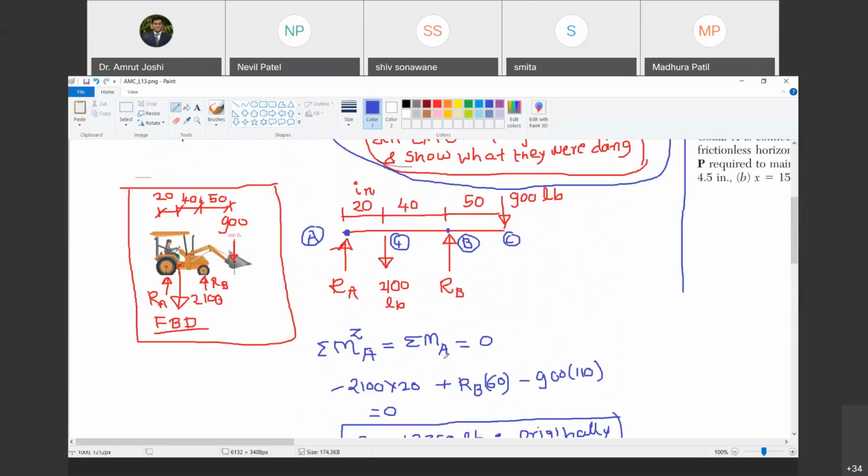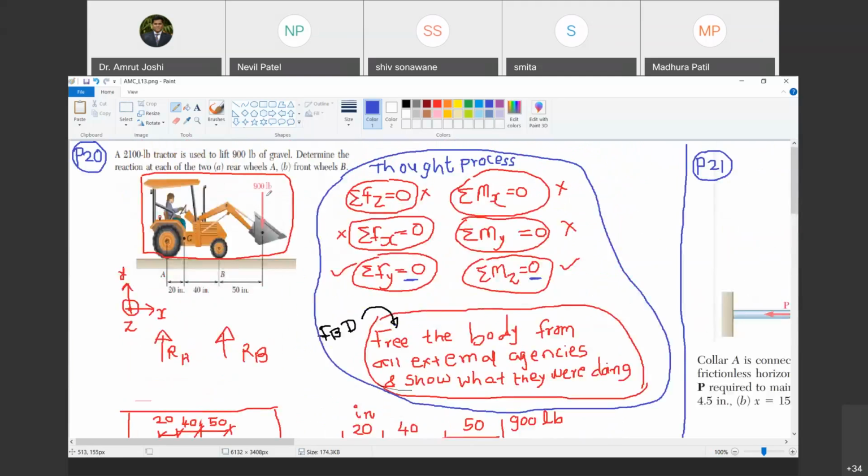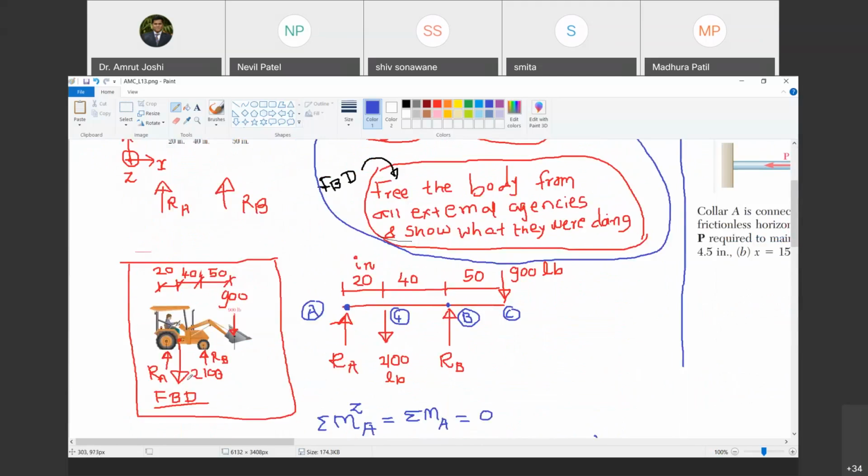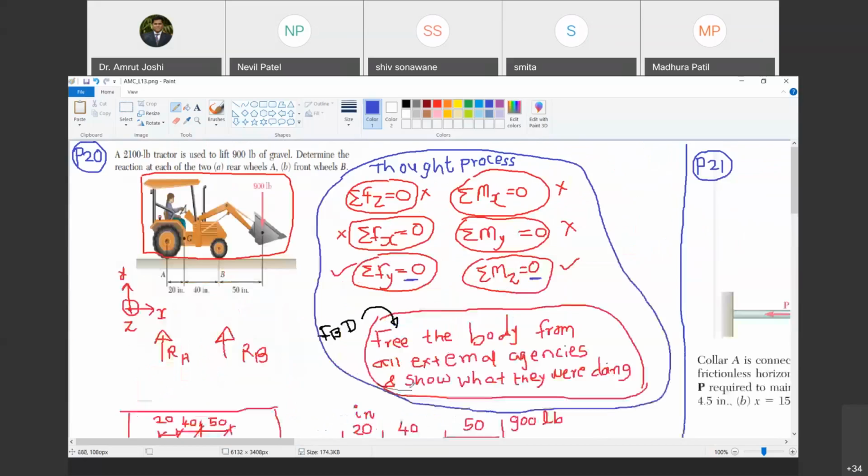Yes, sir. And what is the sum of external load? 900 plus 2100, again 3000. So therefore, RA plus RB, total reaction, has to be equal to the total forces applied by the tractor on the ground. Do you agree with me? Yes, sir. So this completes the solution of the first problem.